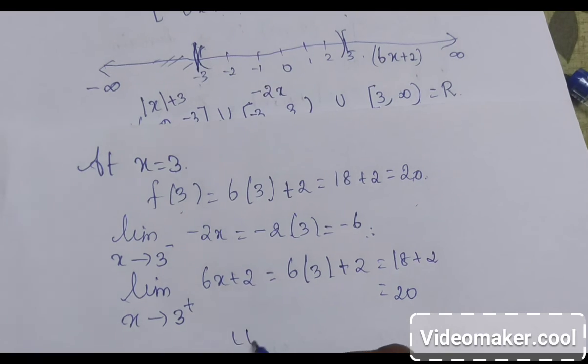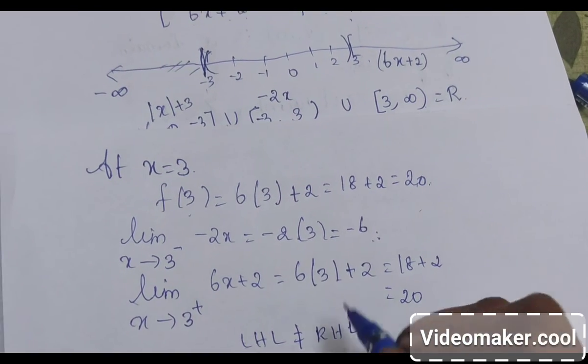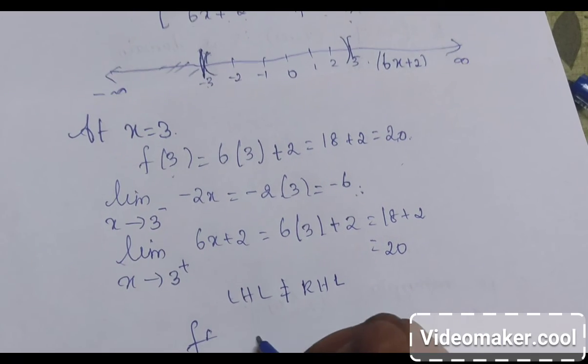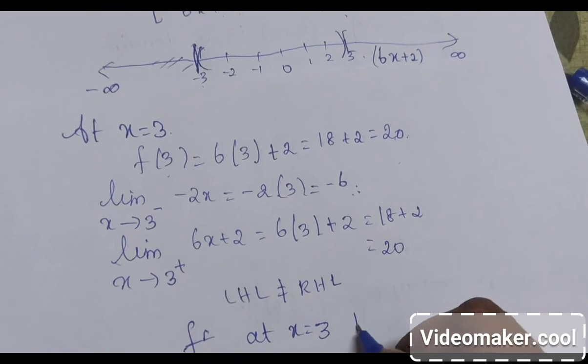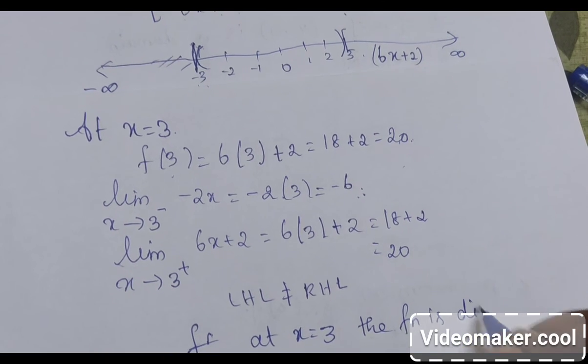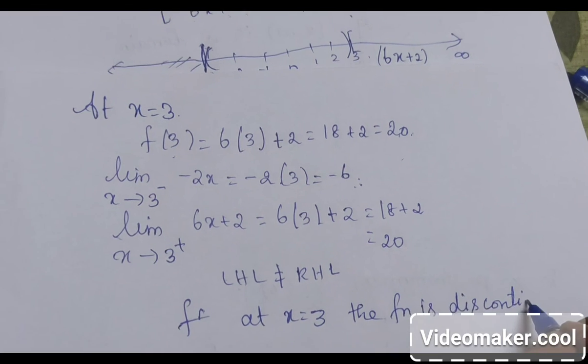But the left hand limit is not equal to the right hand limit. So we can say at x equal to 3, the function is discontinuous. So the point of discontinuity is 3.